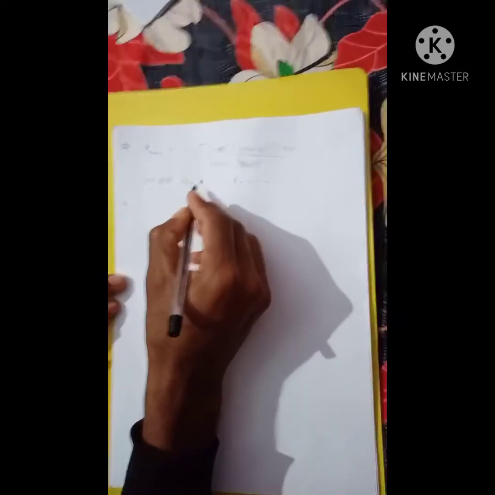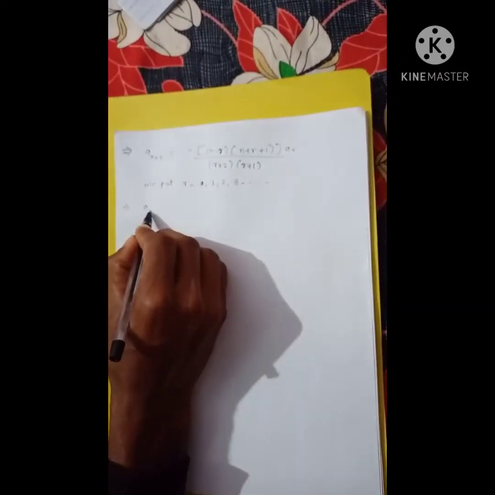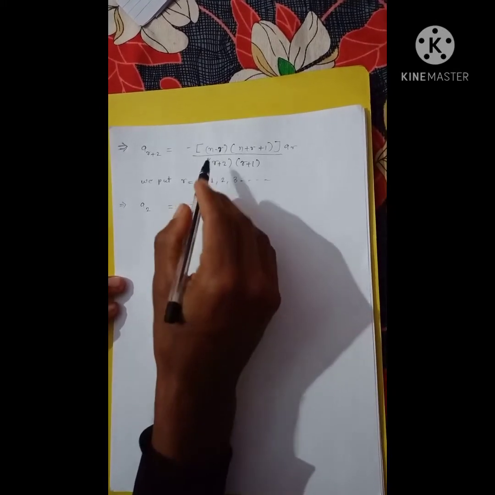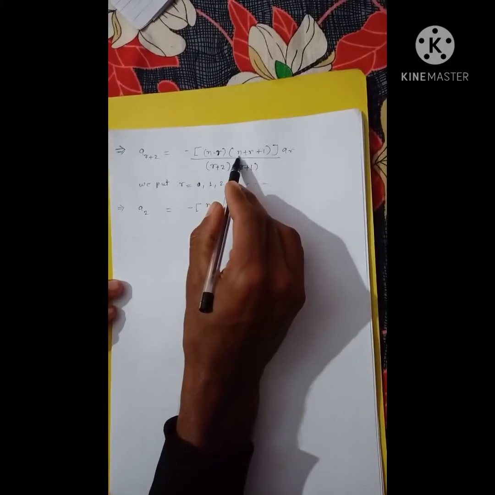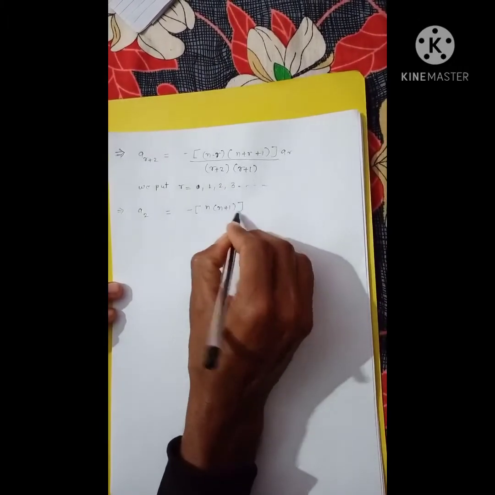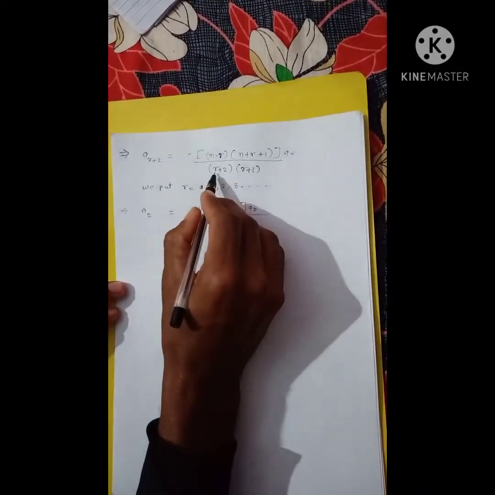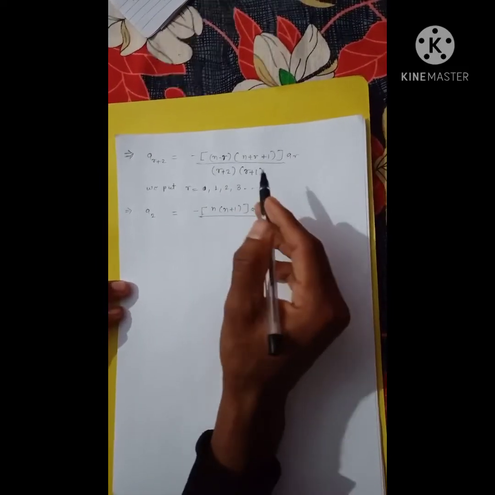When we put r is equal to 0, this term becomes a2. So a2 is equal to minus (n minus 0), which becomes n, and (n plus 0 plus 1), which becomes n plus 1, into a0, upon (0 plus 2), which becomes 2, and (0 plus 1), which becomes 1.